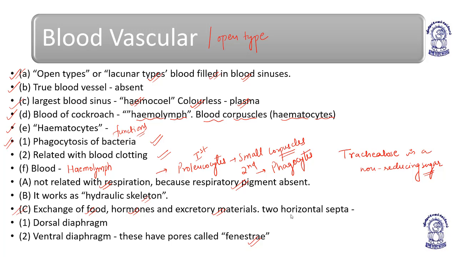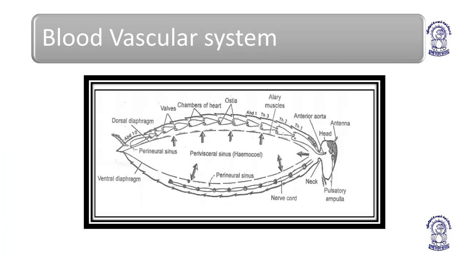It is not related to respiration as respiratory pigment is absent. The blood acts as a hydraulic skeleton. It is a fluid connective tissue. Exchange of food, hormones, and excretory materials is done by blood, which is divided by two horizontal septae, dorsal diaphragm and ventral diaphragm. The ventral diaphragm has pores known as what? Fenestrae.